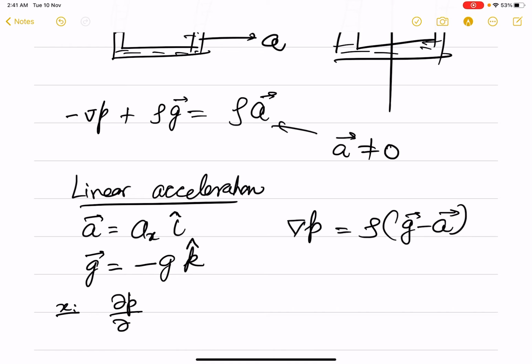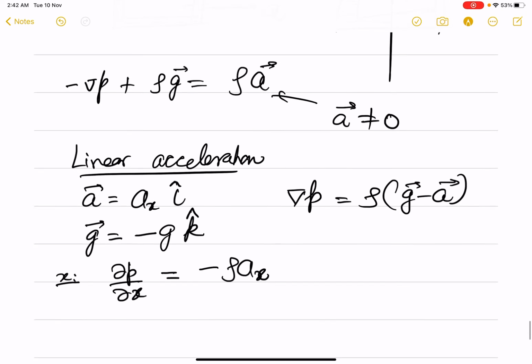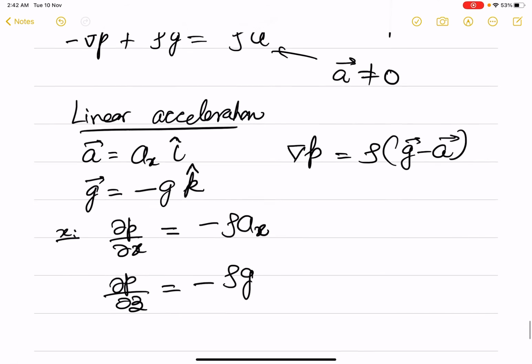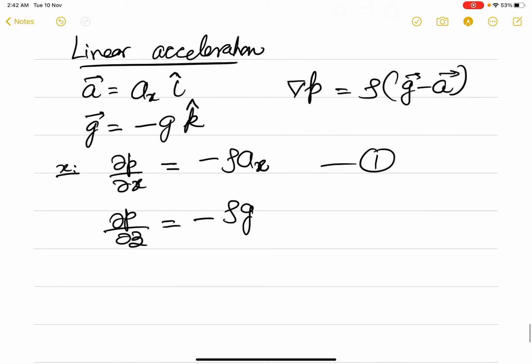So partial P by partial x is equal to minus rho times ax, and partial P by partial z is equal to minus rho times g. So now let's integrate this. So this is 1, this is 2, and we have to be careful.